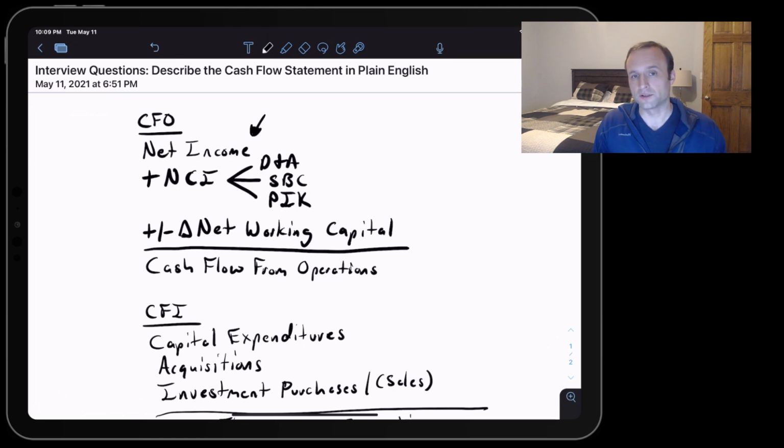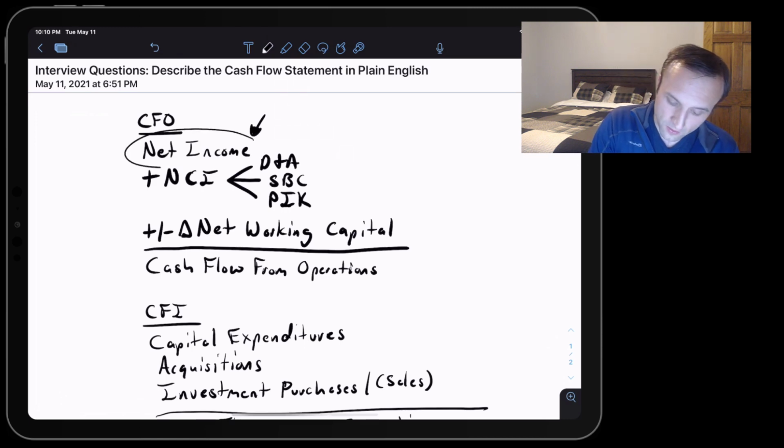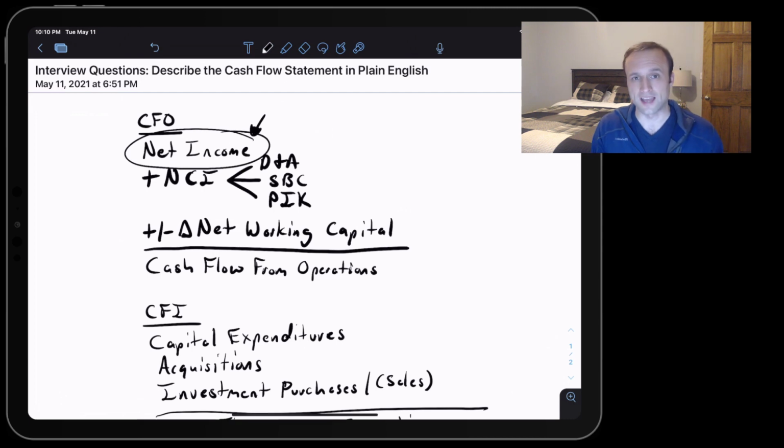The important thing to understand is that net income is based on accounting rules, so it's not necessarily reflective of cash. It has accruals, it has all sorts of disconnects between cash and accrual accounting that make it so that it's not an actual cash number.